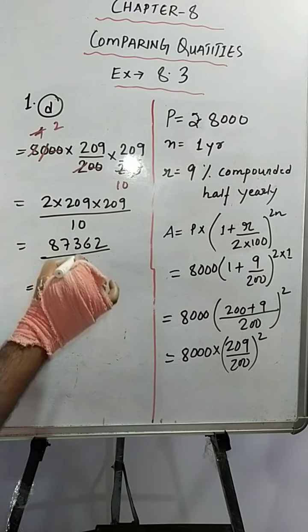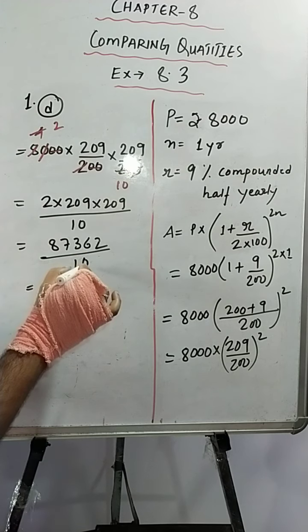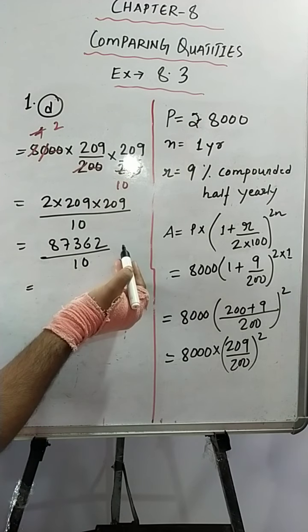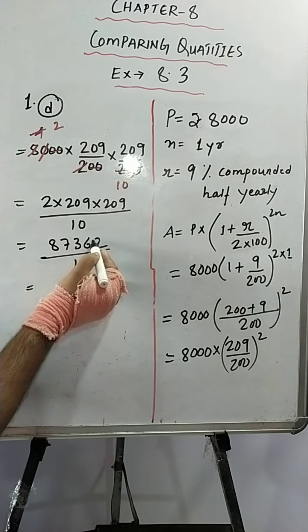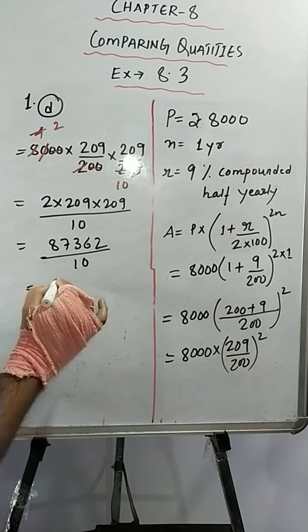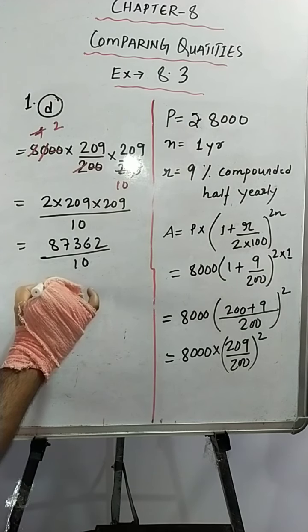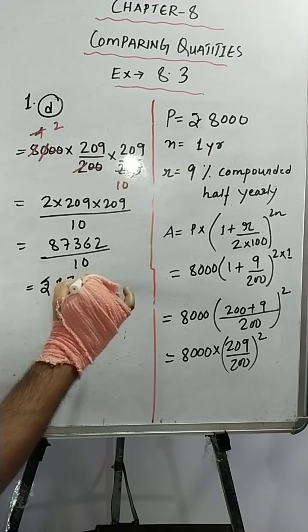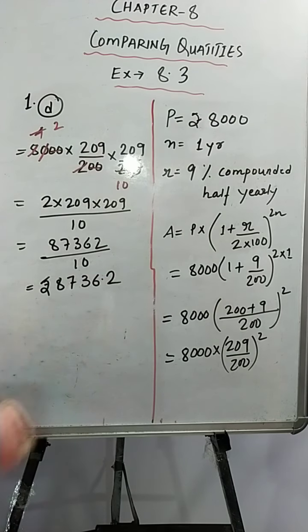Now we can easily convert this into decimal form, as we have only 1 zero. So from the extreme right side, after 1 digit, we'll put the decimal. So it will look like rupees 8736.2. So this is your required amount, students.